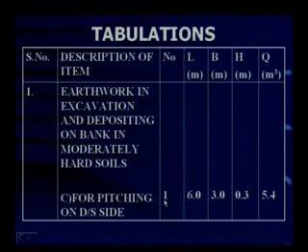Again, there is one apron on the downstream side of length 6 meters, width 3 meters and thickness 0.3, and this comes to 5.4 meter cube as usual. Now, there is one more area where excavation is required. It is under the pipe, is it not? Before you fix the pipe in position, you have to make an excavation under the pipe to a certain depth so that it is filled with granular material and the pipe doesn't move out of place.